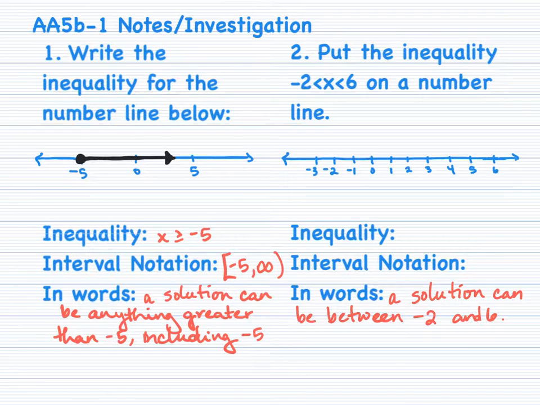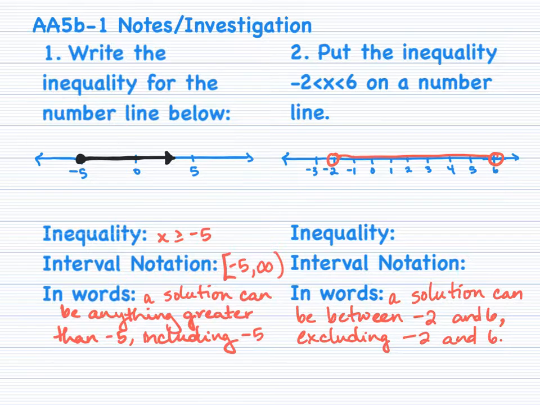And that does not include, so excluding, -2 and 6. And the reason that we know that it's excluded is because these symbols right here don't have the line under them indicating the "or equal to." So what that looks like on a number line is an open circle at -2 and an open circle at 6. That indicates those values are not included in our solution set. And then it's anything in between them.